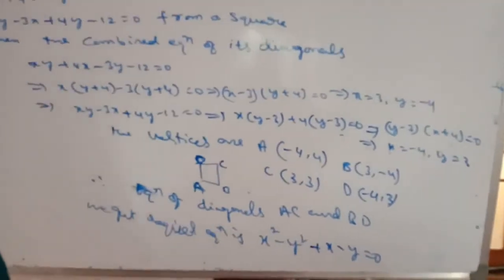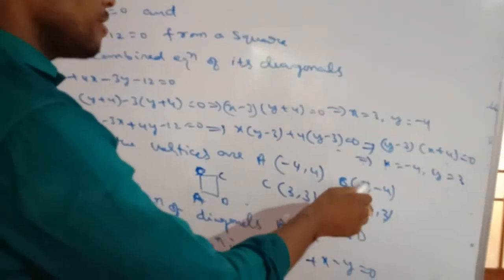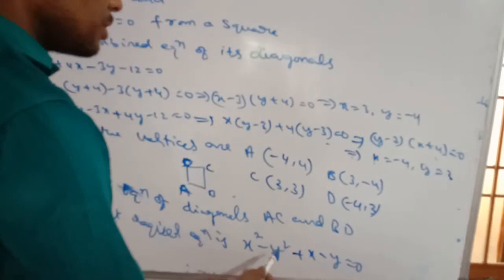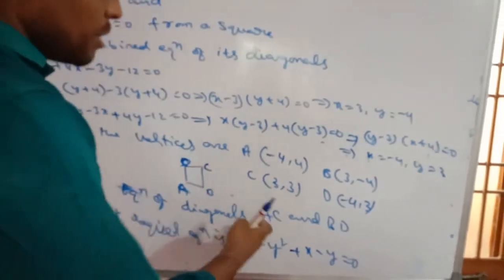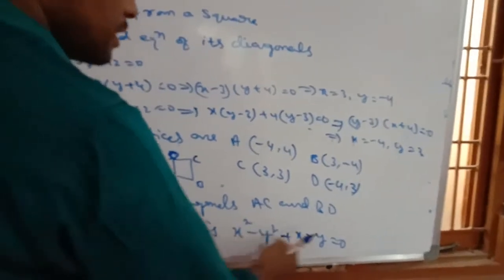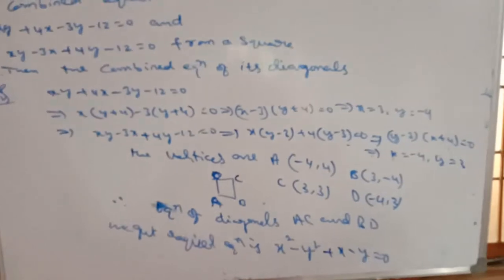Okay, now first of all find out the equation of AC and find out BD. Multiplying the equations, the combined equation of the pair of lines AC and BD is x square minus y square plus x minus y is equal to 0. Okay, write down.